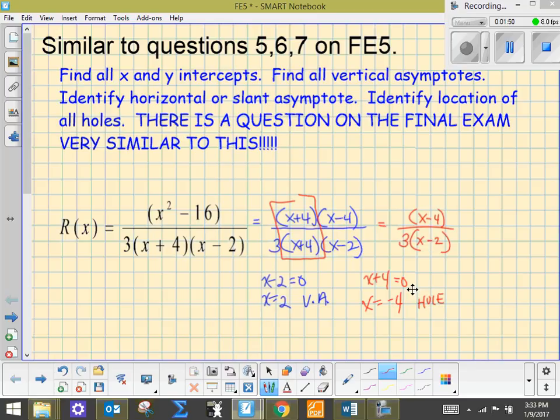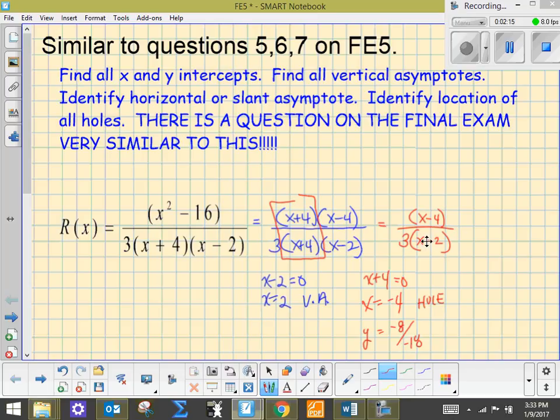Now the y value of the hole is going to be located by plugging back into here. So we have negative 4 minus 4, which is negative 8, over 3 times negative 6, which would be negative 18.